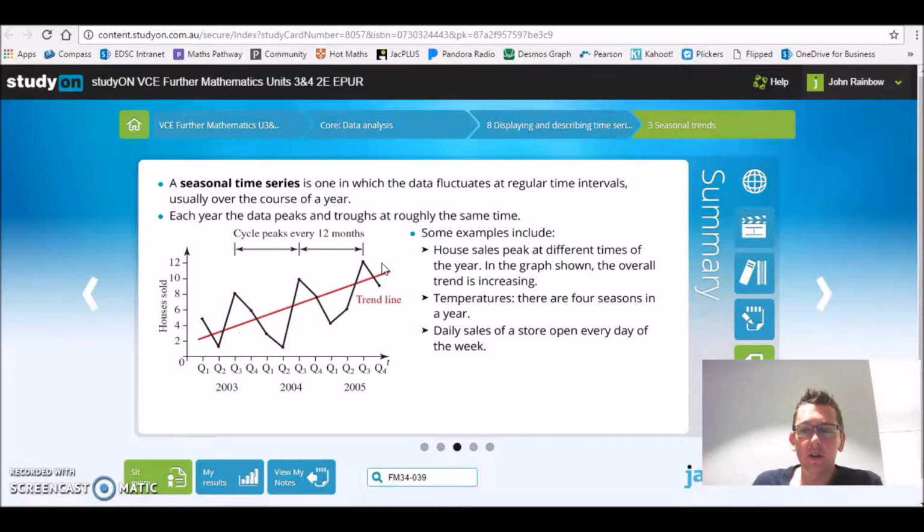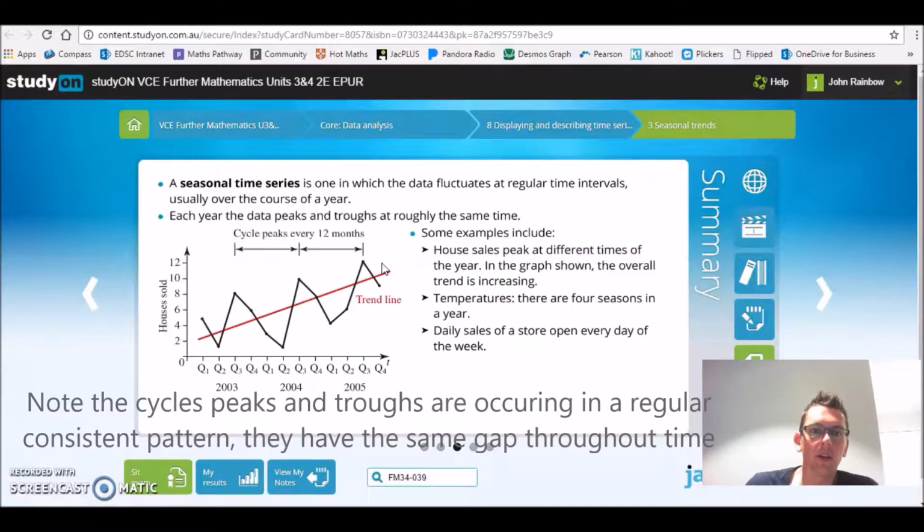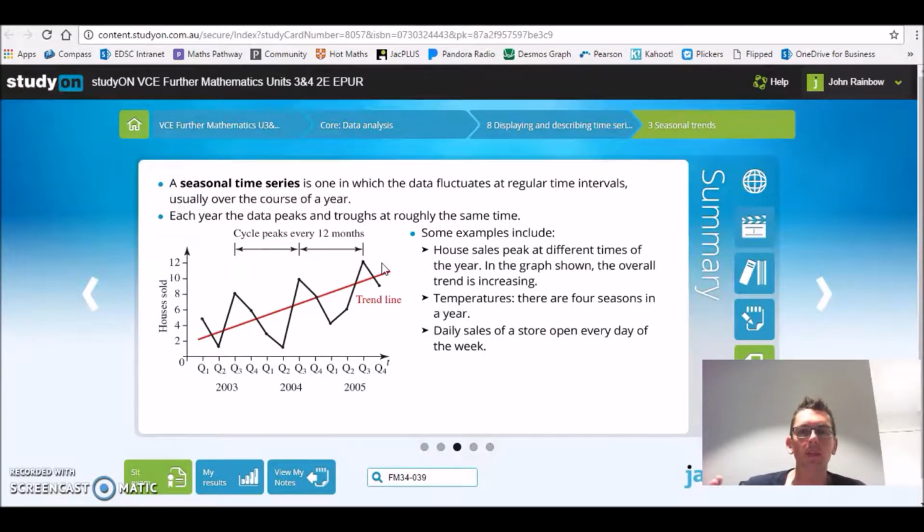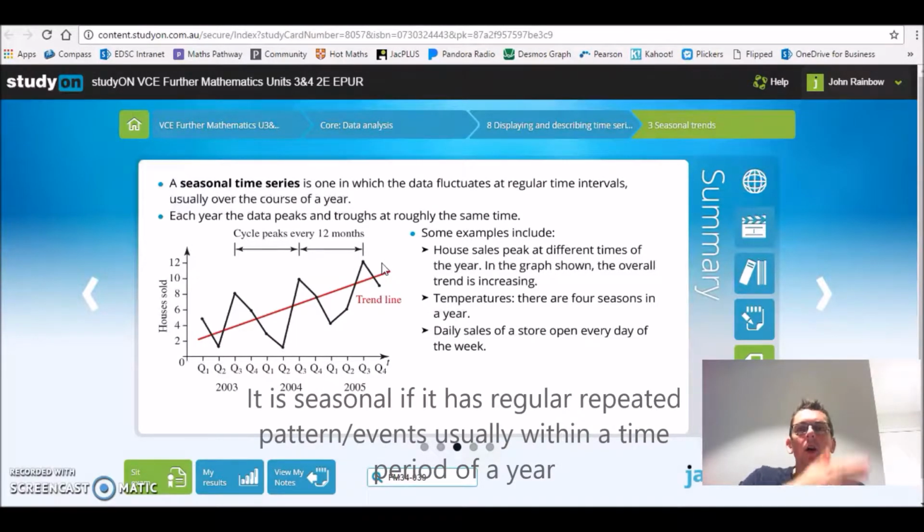So let's look at the first type of time series, which would be seasonal fluctuation, or seasonal time series is another word for it. It's one where basically the data fluctuates at regular intervals, usually within a year. So most of the time it is within a year. So we're looking within a year period, and we're looking at whether it has regularly repeated events.